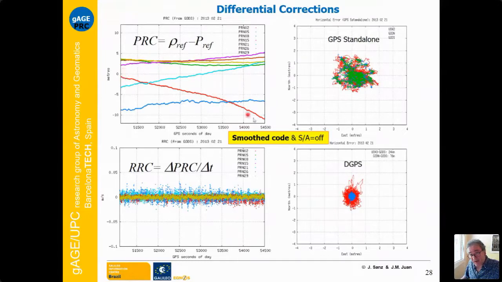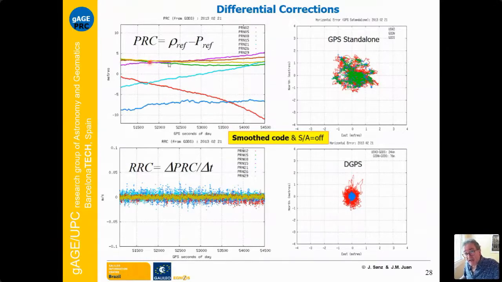The variation depends on the elevation rate. In this case, for the satellite GPS PRN2, this is having the large variation, and this is because this is a low elevation satellite, and when we have a low elevation satellite, the variation of the atmospheric effects is larger due to the obliquity factor, let's say.